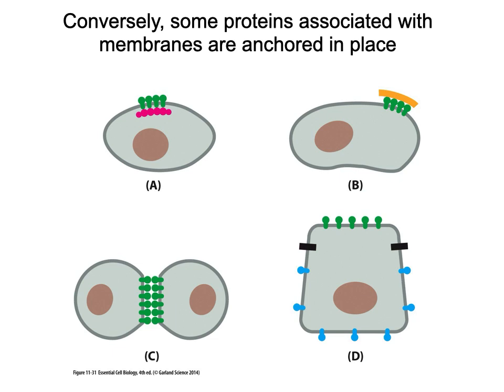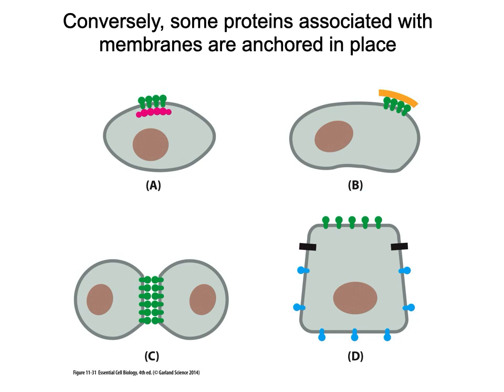So again, we want to keep in mind that some proteins are associated with parts of the membrane, and they actually do get anchored in place. I want to point out panel C. With cell-cell communication, we can have receptors and proteins that are going to interact with each other, so they're going to be congregated in an area so those interactions can happen.